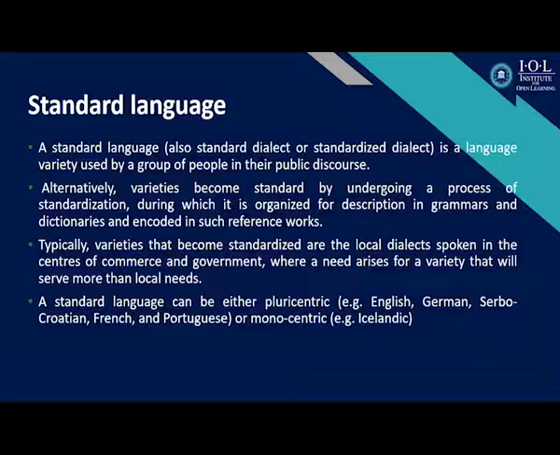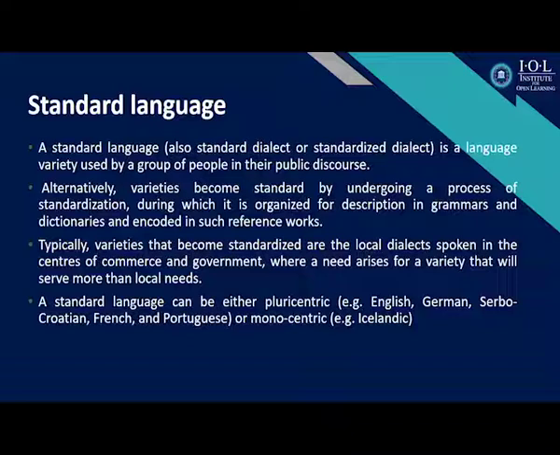Moving on with our presentation, we are going to look at what we call standard language. A standard language is a language variety used by a group of people in their public discourse. Varieties become standard by undergoing a process of standardization, during which they are organized for description in grammars and dictionaries, and encoded in such reference works.